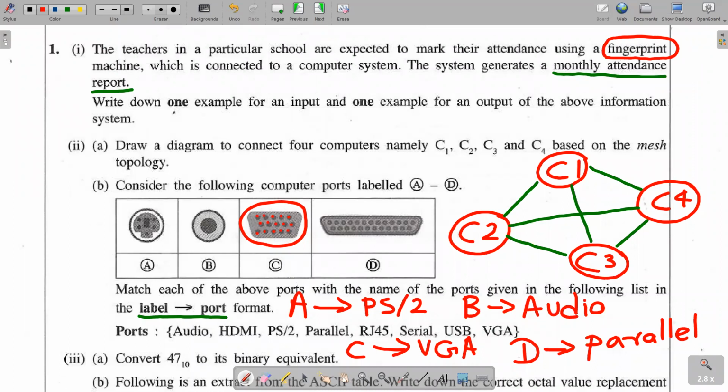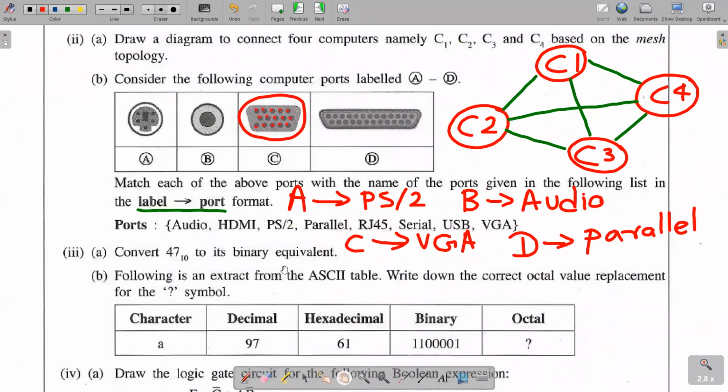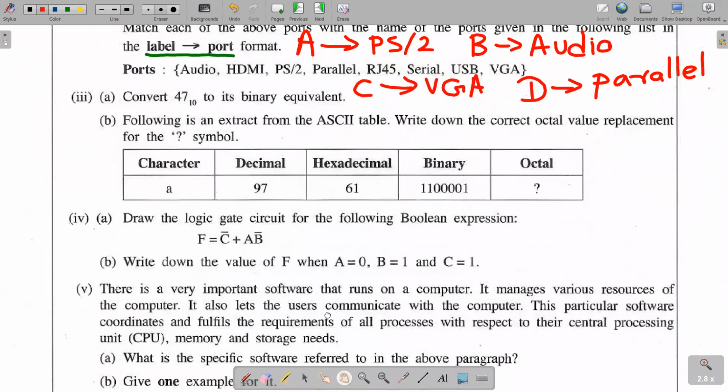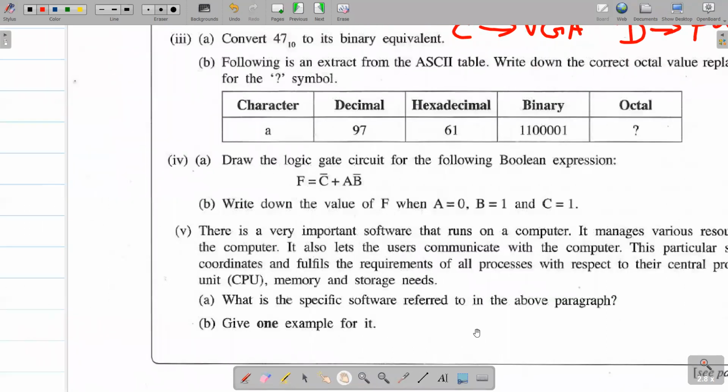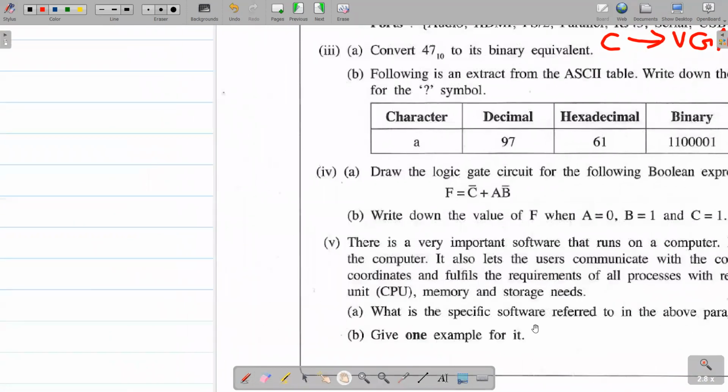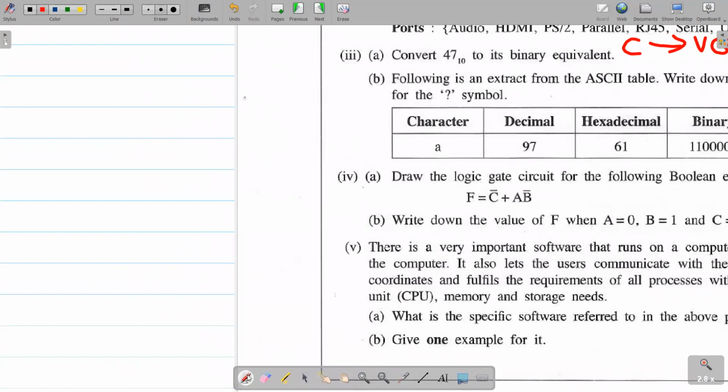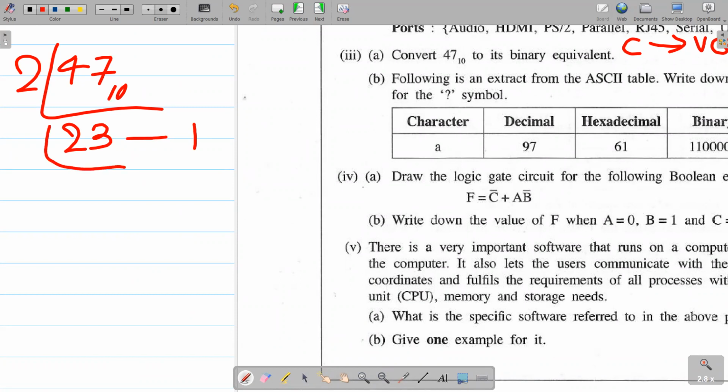Third one. Convert the 47 base 10 to its binary equivalent. So that's something easy. It says 47. So you are going to divide by 2: 23, 1 is remaining.